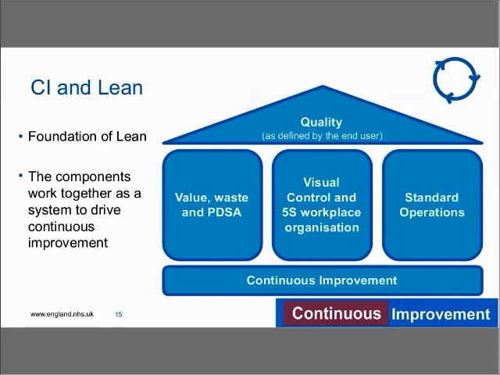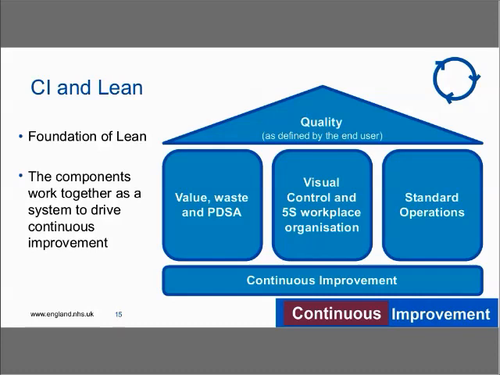So collectively, these sessions will provide a foundation for continuous improvement that hopefully over time will lead to better quality. And the pillars in our house describe the basic concepts and tools that we will look at over the webinar sessions starting in a couple of weeks' time.